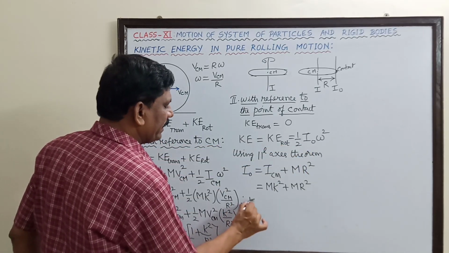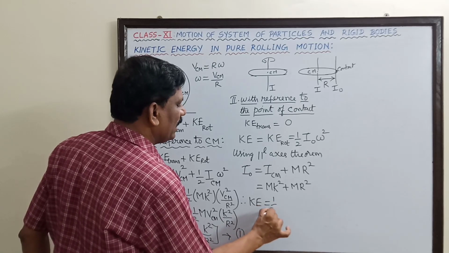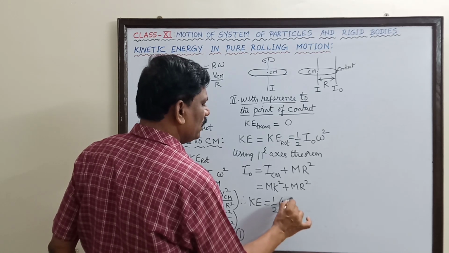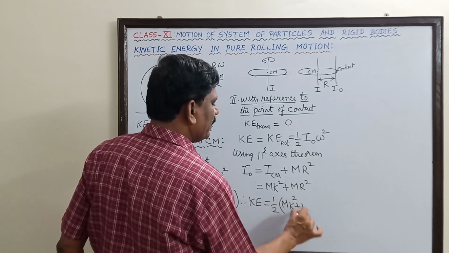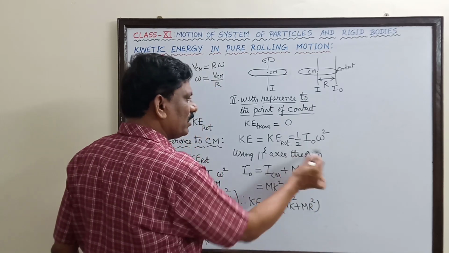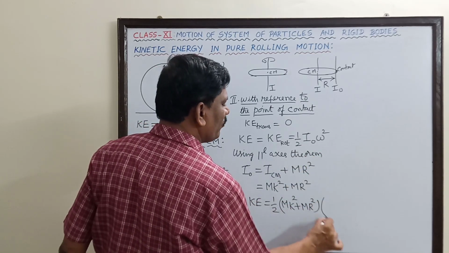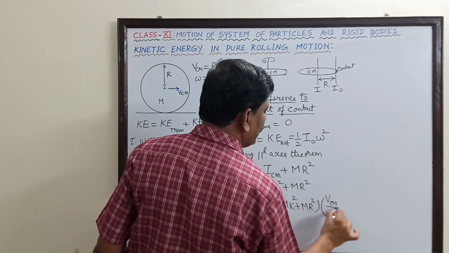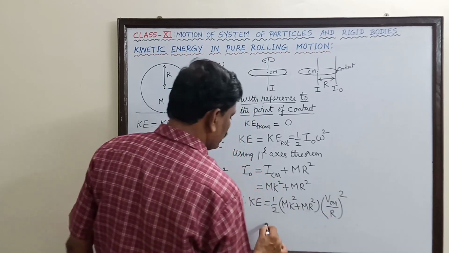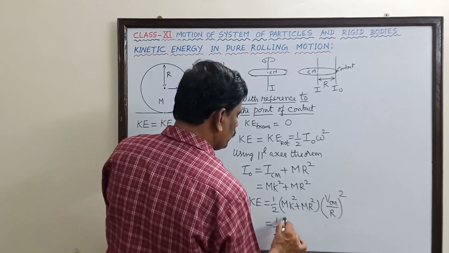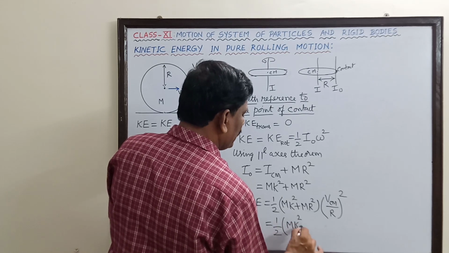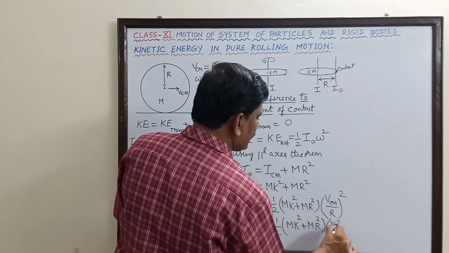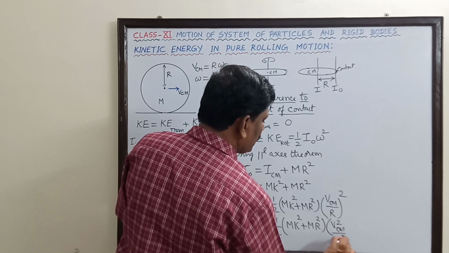Therefore, the kinetic energy in rolling motion is equal to half into I0 into omega square, so half into (mk square plus mr square) in place of I0, into omega square. In place of omega square, what do I have to substitute, children? VCM by R, the whole square. So this is now equal to half into (mk square plus mr square) into v square CM divided by r square.